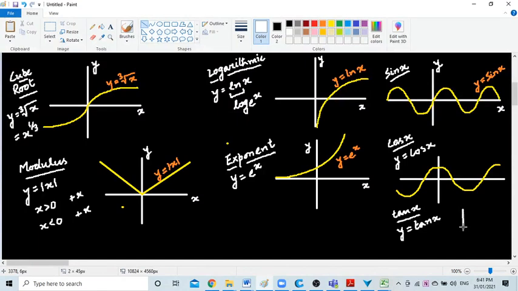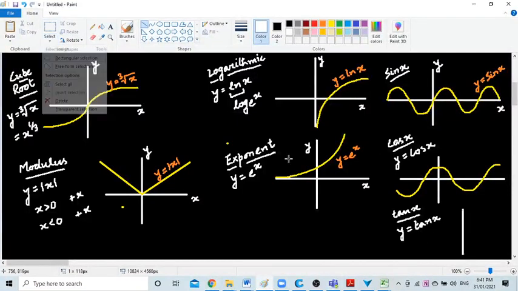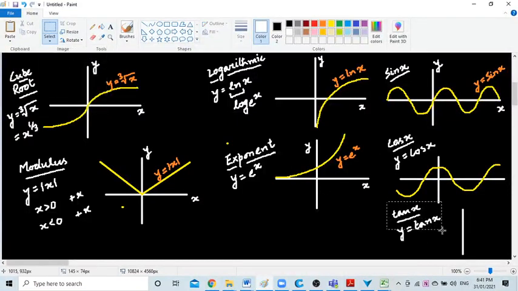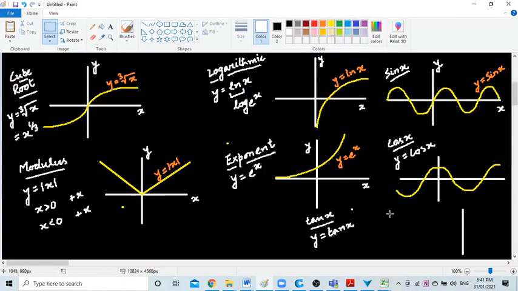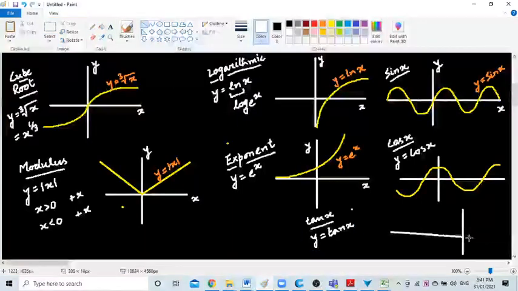So tan x can be represented as, let me put it somewhere here so that we can get some more space. Yeah, I think this one is enough. Now y equals tan x.